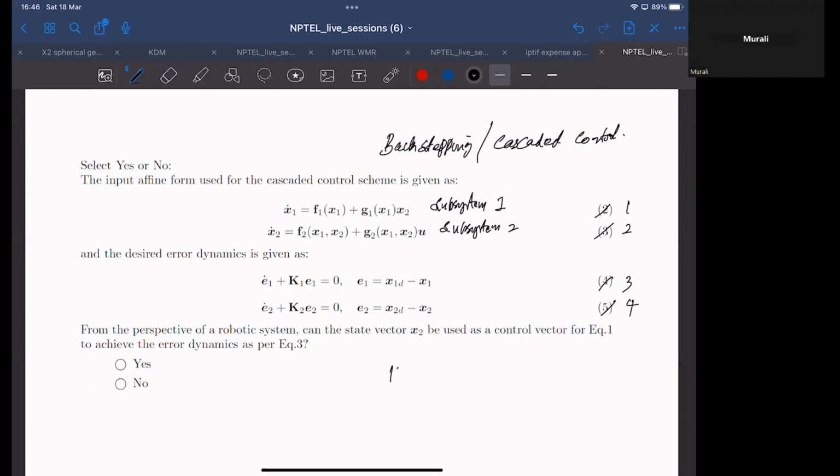The kinematics would look something like eta dot would be J of psi times eta, and dynamics would be zeta dot would be D inverse tau minus N. Right?